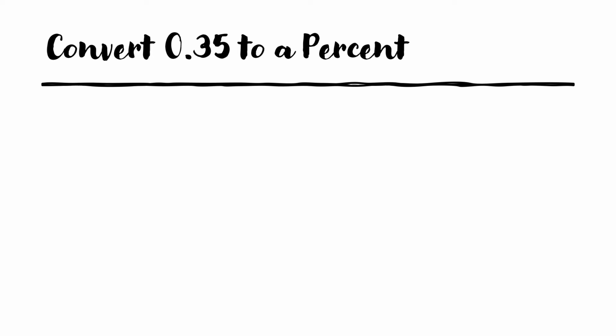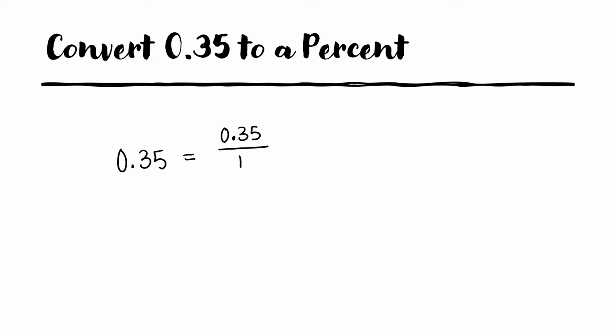Let's start by converting 35 hundredths to a percent. So what we'll first do is take our number and put it over 1, and then we want to find an equivalent fraction with a denominator of 100.